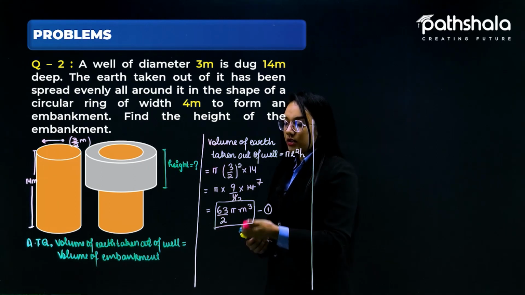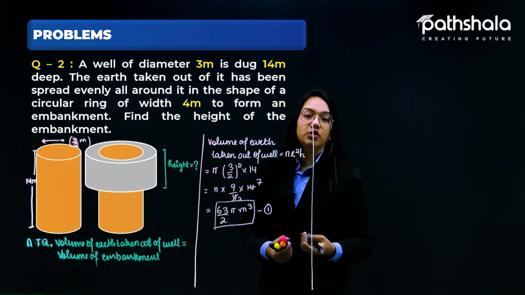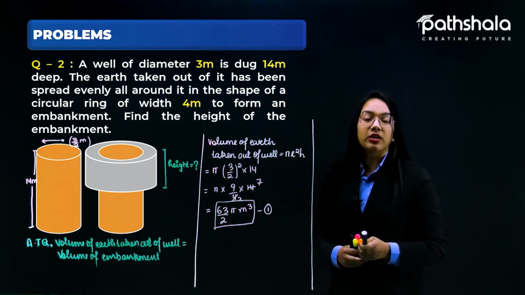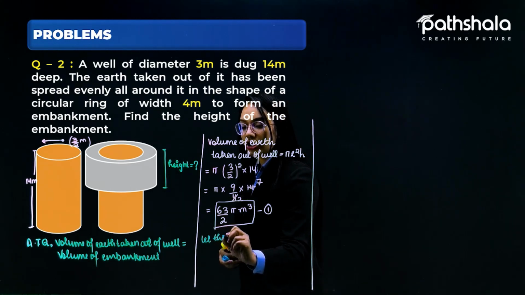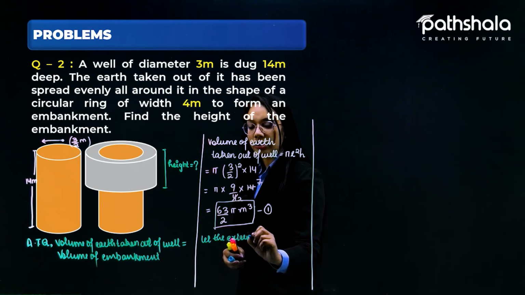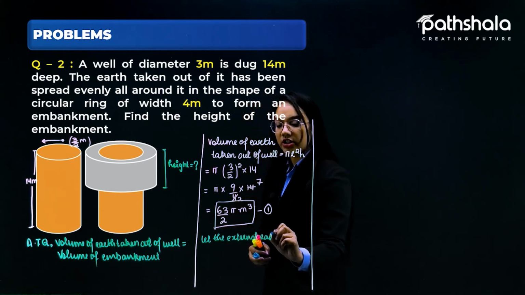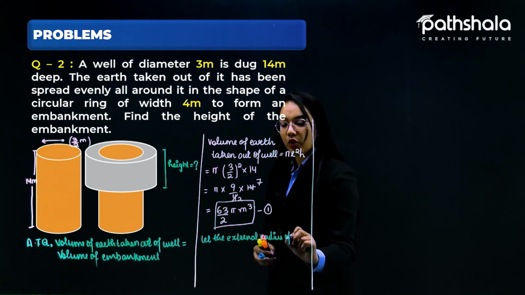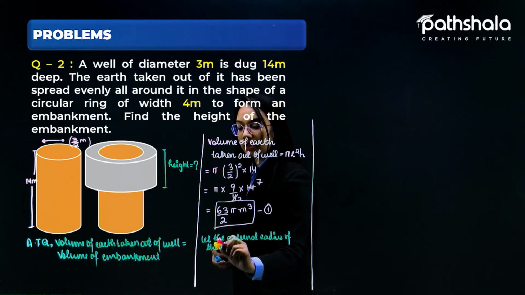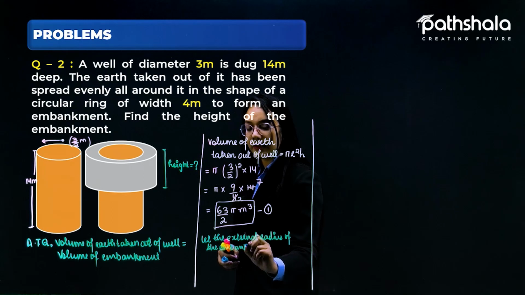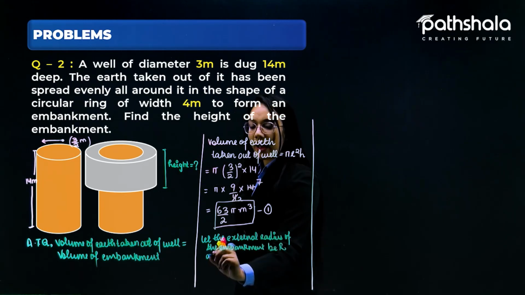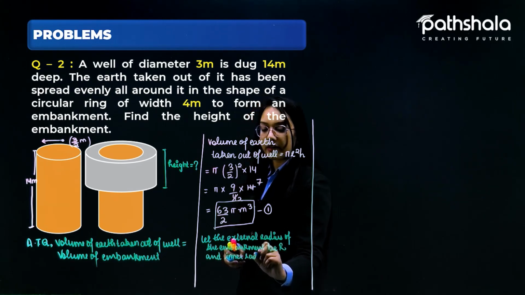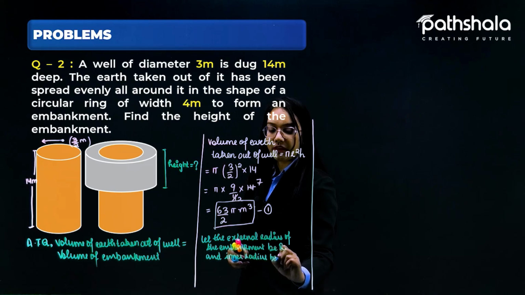With the volume of the embankment, let us suppose some things over here. Let the external radius of the embankment be capital R, and the inner radius be R1.